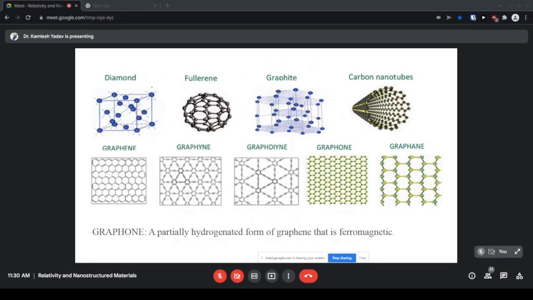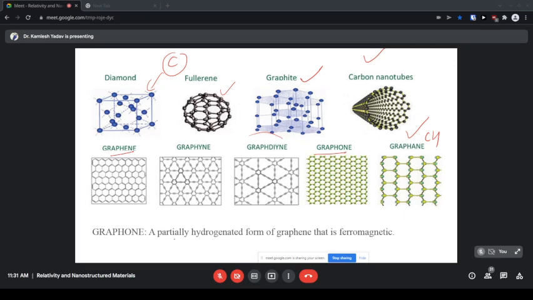Carbon can exist in various types of allotropes like diamond, graphite, fullerene, carbon nanotubes, and graphene, that is a single layer of graphite, and there are others also, like graphone.